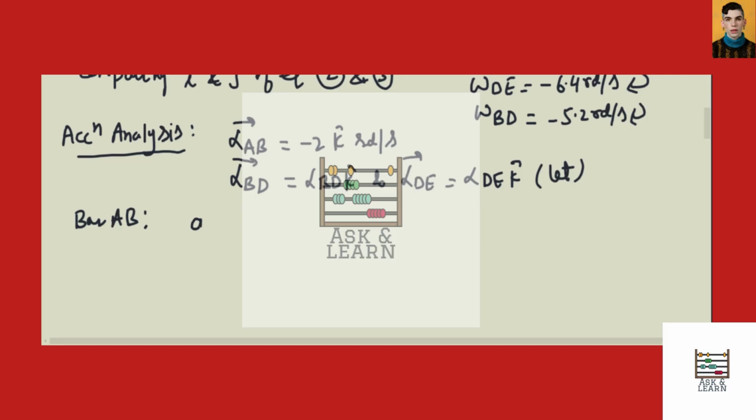the acceleration of point B you may write as alpha AB cross the position vector R_BA minus omega squared AB times the R_BA position vector. Substitute the values, you will get minus 2 k cap cross minus 20 i cap minus 40 j cap.